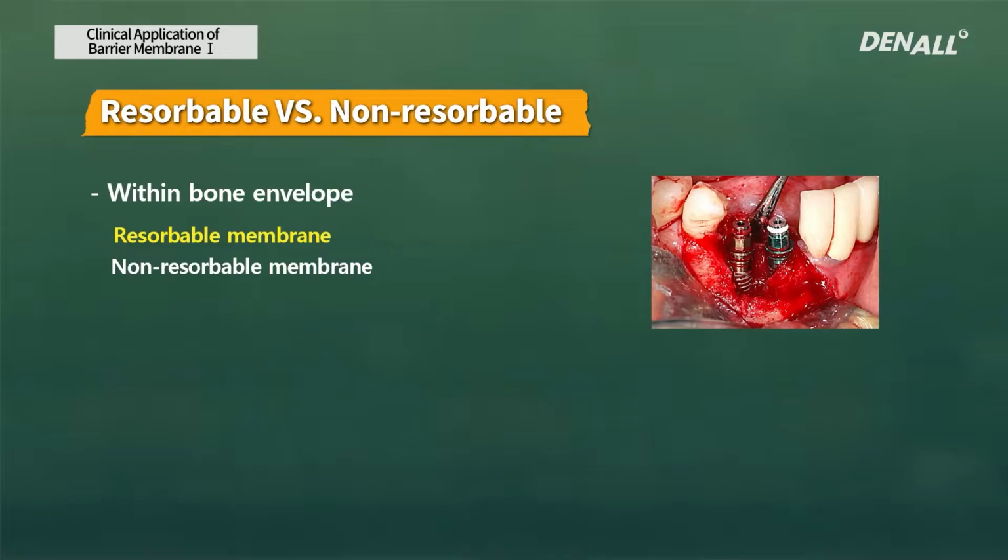An implant placed in the bone envelope means the alveolar bone appears okay. However, there is a local alveolar bone defect where the implant is placed, and you don't need the alveolar bone augmentation. Along the alveolar bone, we need to improve the bone. Then resorbable membrane is good enough.